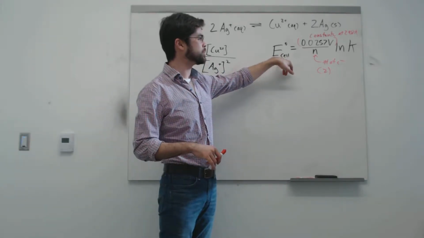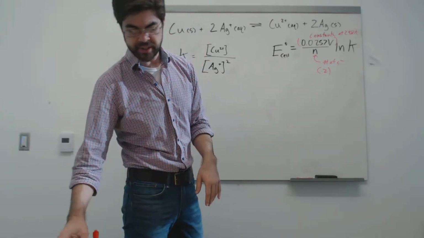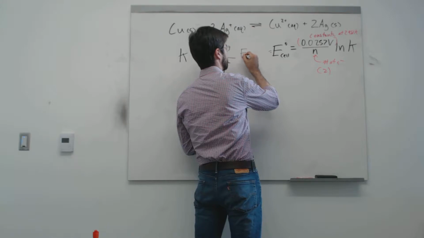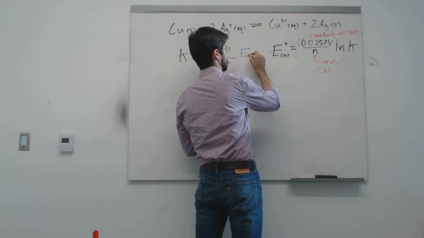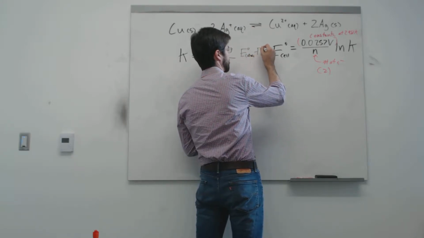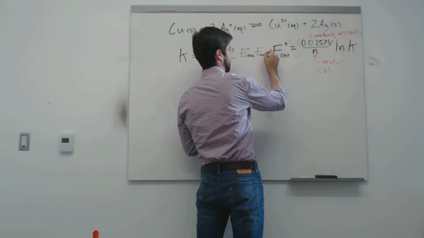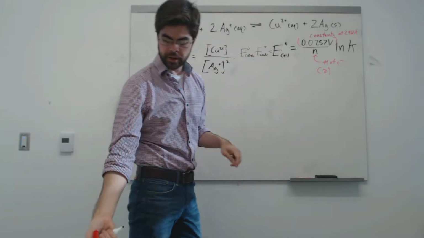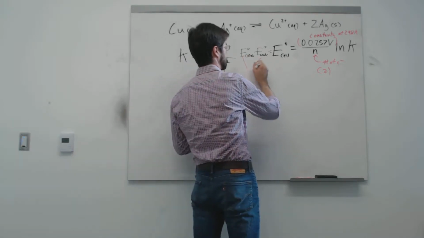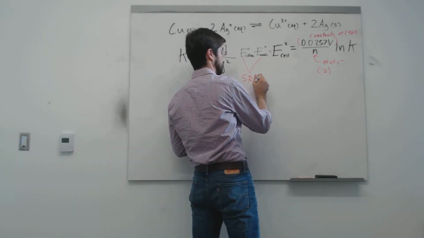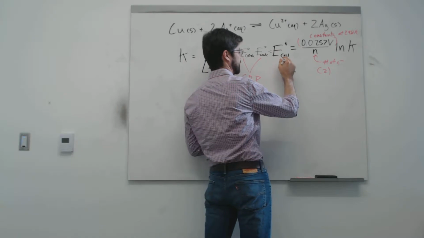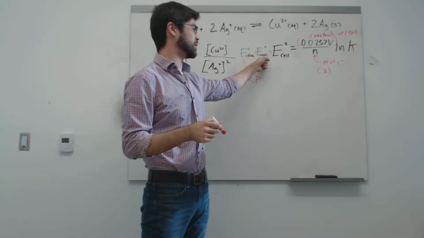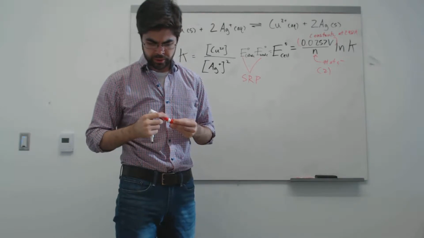It affects the equilibrium constant because the cell potential in turn is going to be equal to the difference in the standard reduction potentials of the electrodes at the cathode and the anode. So again, these values here are my standard reduction potentials. This is the actual cell potential that I get, which you'll have after you connect these two electrodes.